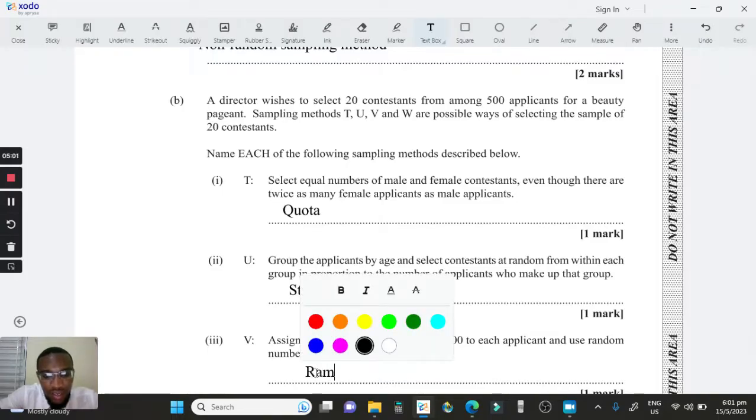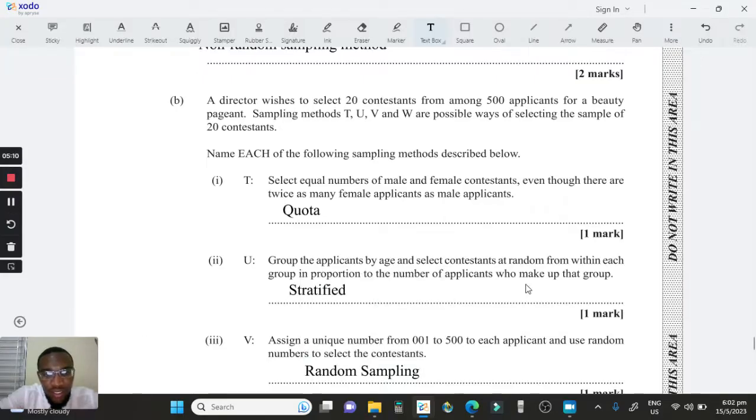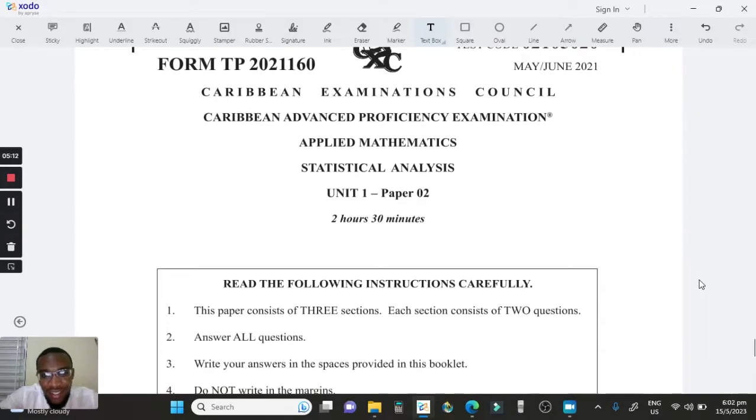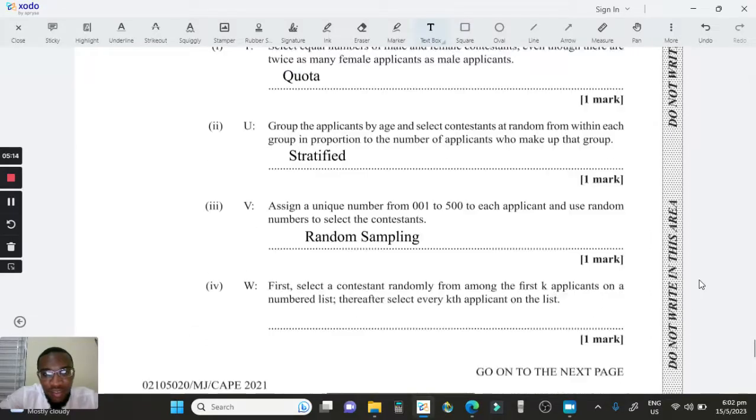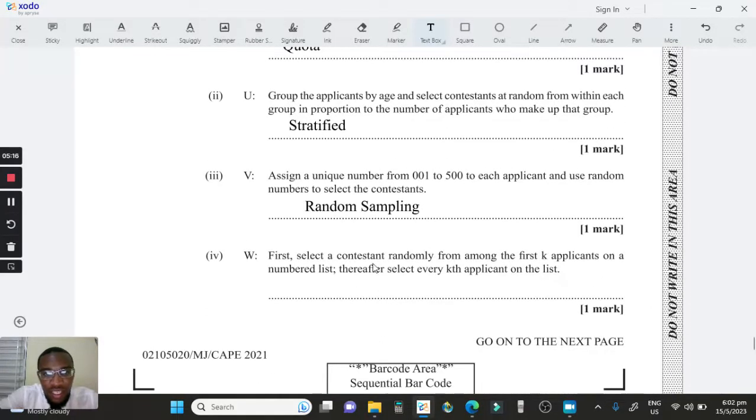This is random sampling, which a lot of people call the SRS method. Next: first select a contestant randomly from among the first K applicants on the list and then select every Kth applicant.